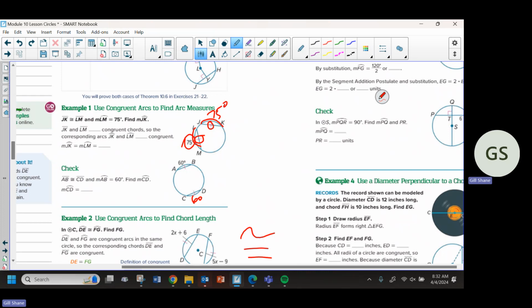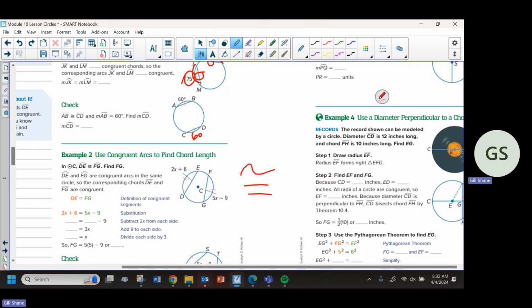Now the concept is the exact same. I just have a little more algebra to do. So it tells me these two arcs are congruent. Well, if I know the arcs are congruent, then I know the chords are congruent. Like I said, it's the converse. It goes the other direction. We're going backwards. So if I know the chords are congruent and I want to solve for x, what does congruent mean? Same length, right?